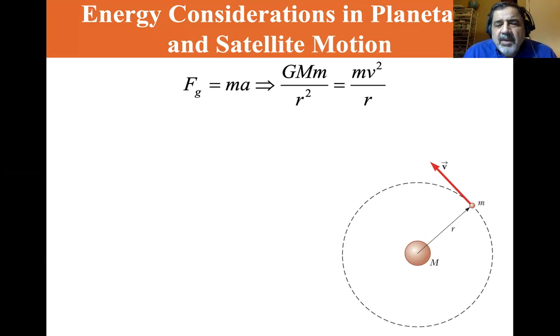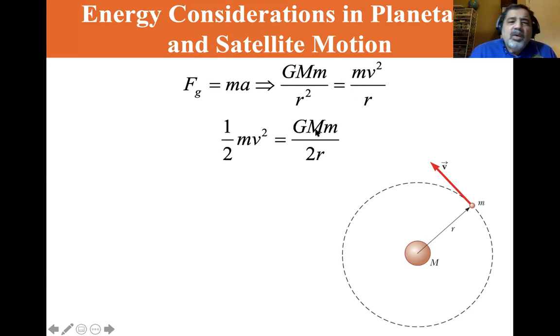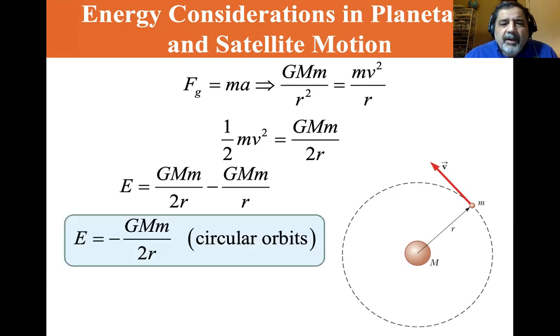So GMm over r squared is equal to mv squared over r. But let's multiply both sides by r. That'll take care of the squared term, and that'll get rid of the r, and we'll have 1/2 mv squared. Well, that looks familiar, doesn't it? 1/2 mv squared, that's kinetic energy, equals GMm over 2r.